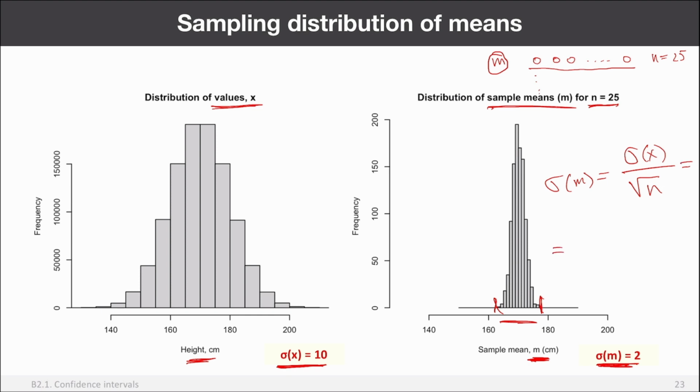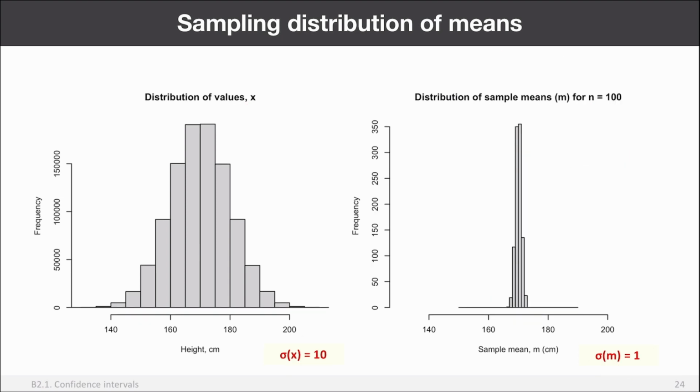So that gives you 10 divided by the square root of 25. The square root of 25 is 5. 10 divided by 5 is 2. So the standard error is 2. So the bigger the sample size is, the smaller this variation is. Therefore, the closer m will be to mu, and the more precise an estimate you can make if you just compute a sample average.